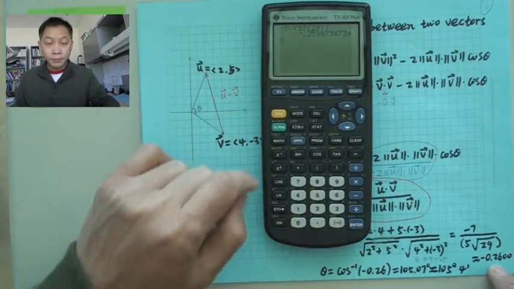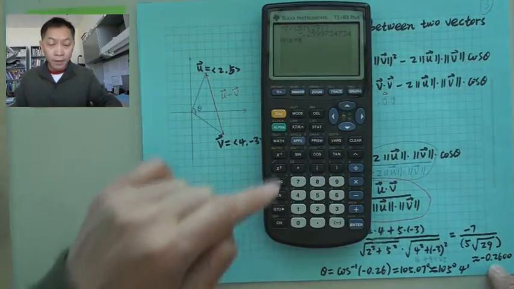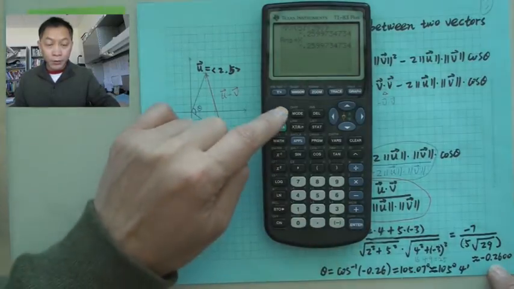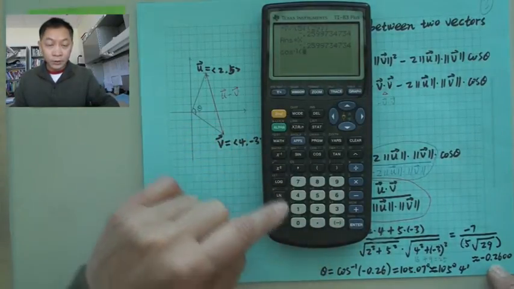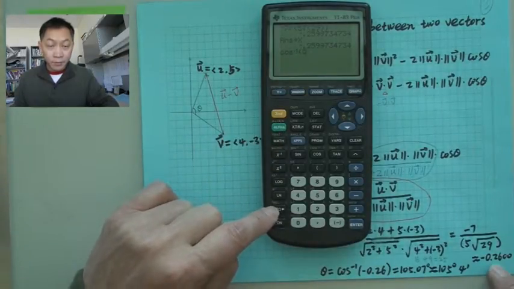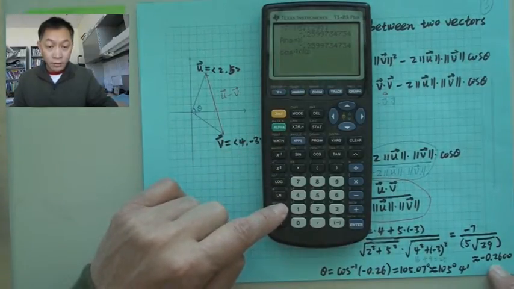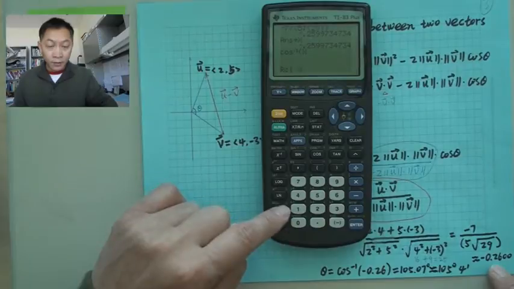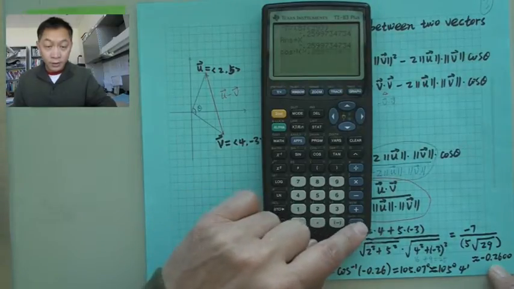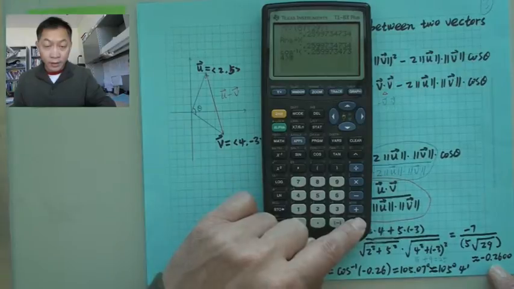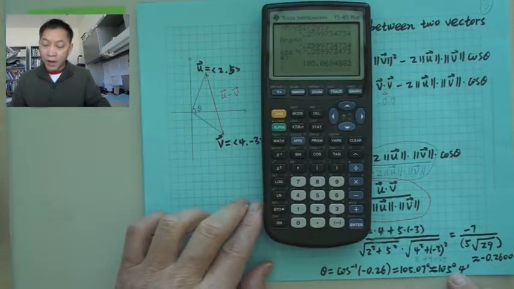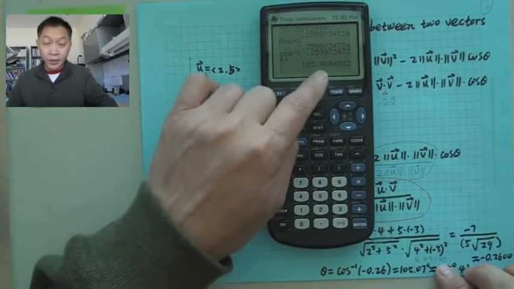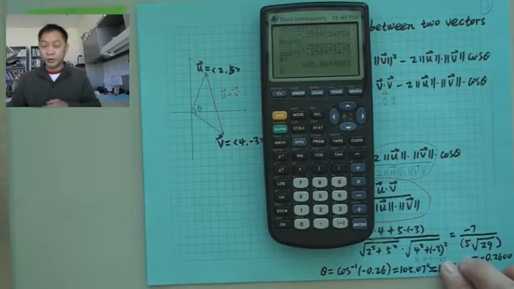Okay. Now, you may store this number into the variable x. And then when you do cosine inverse, you can recall this number. Recall is second, recall. And then let x, hit it, close parentheses, enter. So you have 105 degrees, 0.07 degrees.